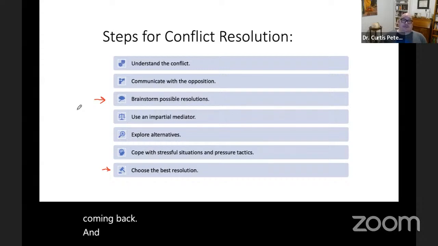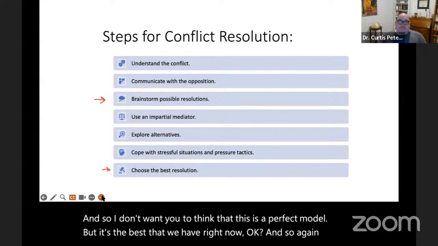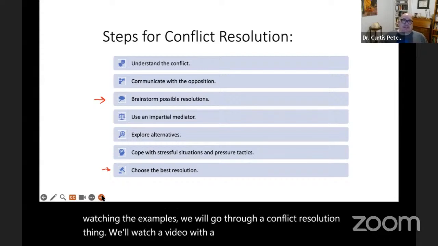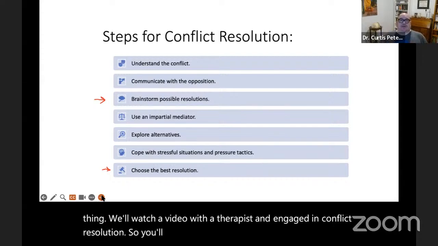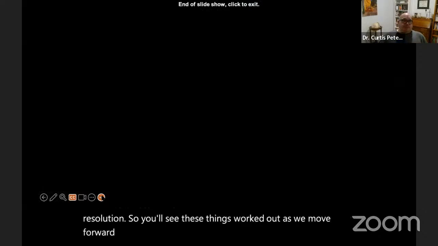And so I don't want you to think that this is a perfect model, but it's the best that we have right now. Okay. And so again, watching the examples, we will go through a conflict resolution thing. We'll watch a video with a therapist engaged in conflict resolution. So you'll see these things worked out as we move forward. Okay. All right.